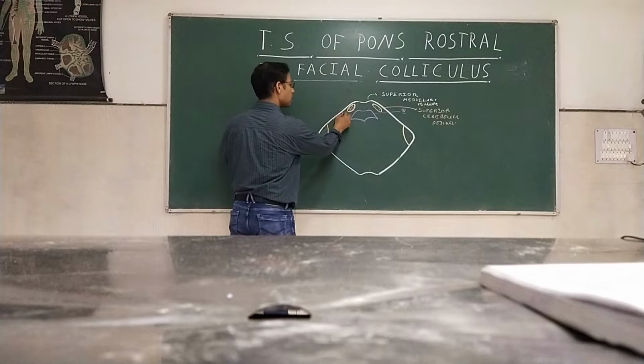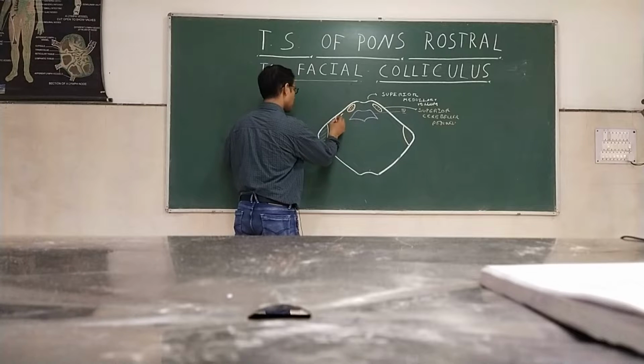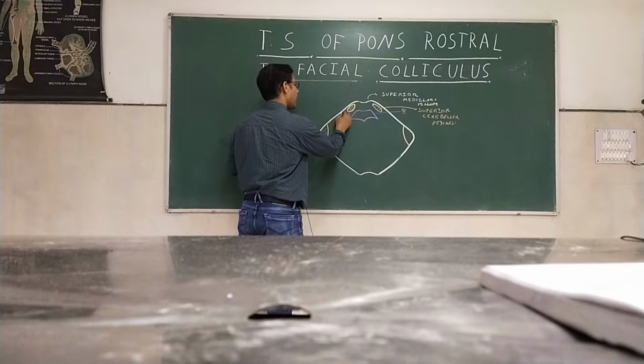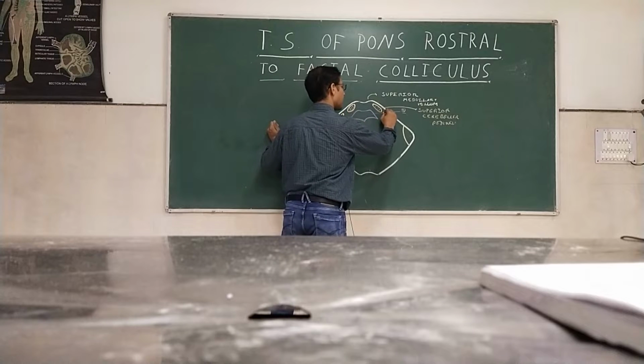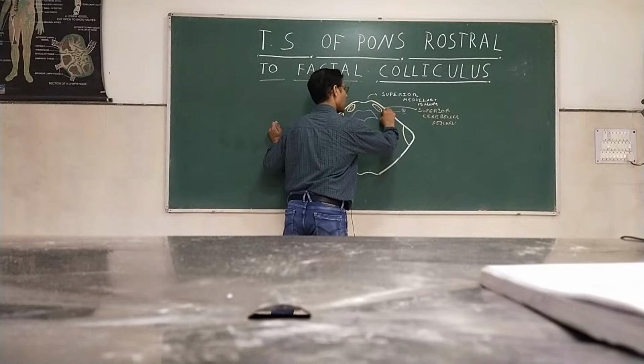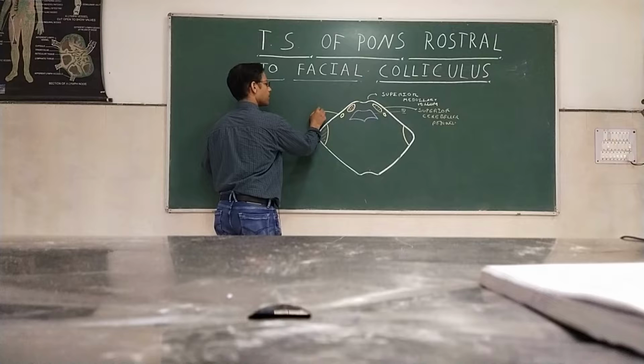Next to the superior cerebellar peduncle, there is another pathway, the ventral spinocerebellar pathway, with which we are familiar.